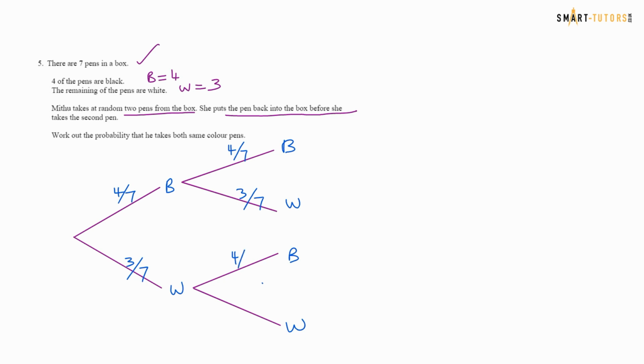Now Mithu takes at random 2 pens from the box. She puts the pen back into the box. Work out the probability that she takes both the same color pens. Both the same color means probability of black and black, or probability of white and white.